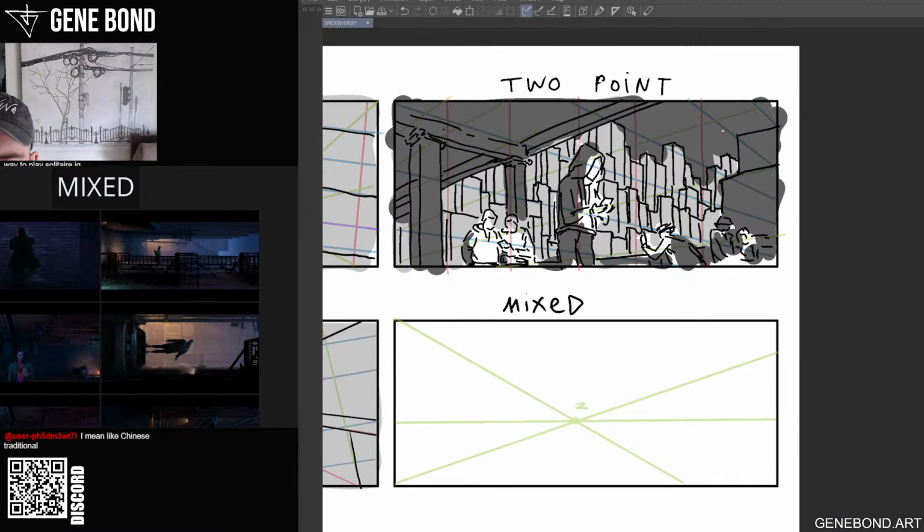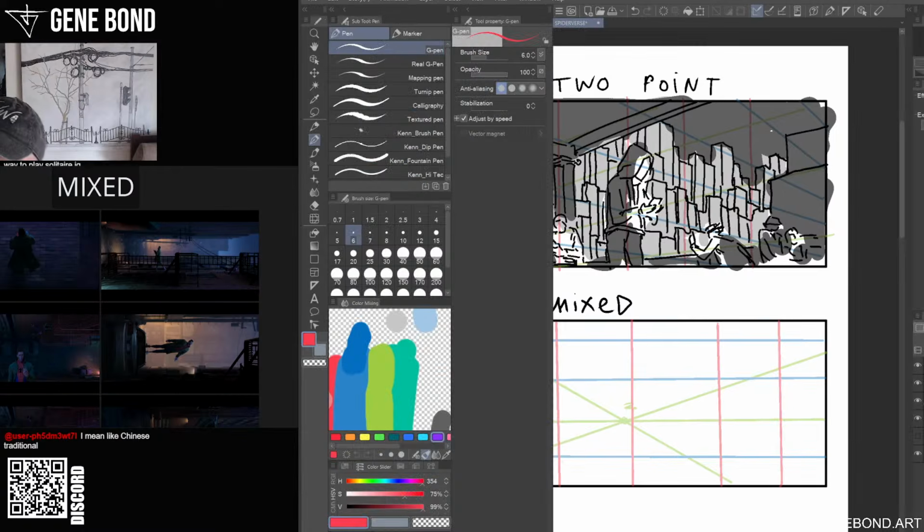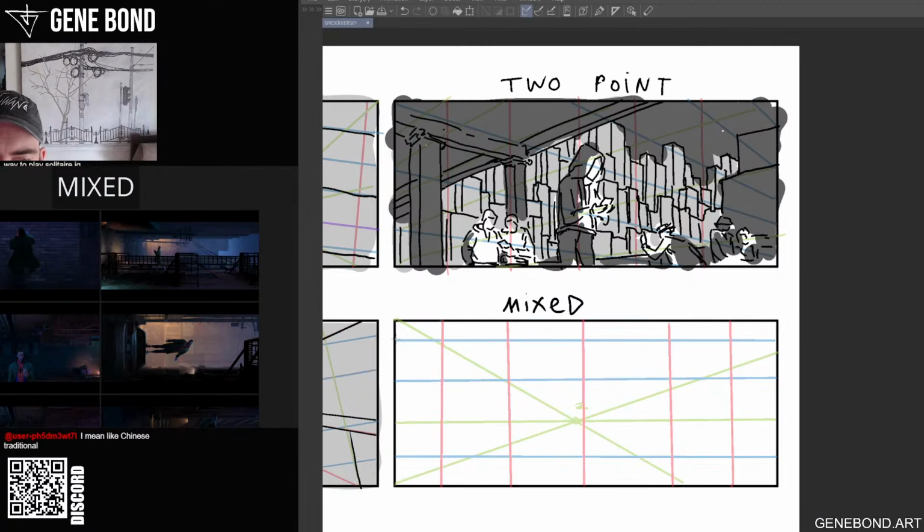Here we have X and here we have Y. So it's a wall and we have a window.